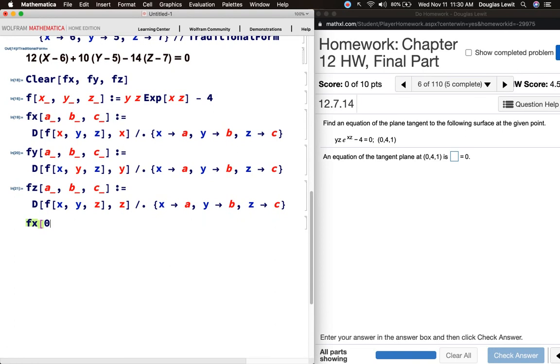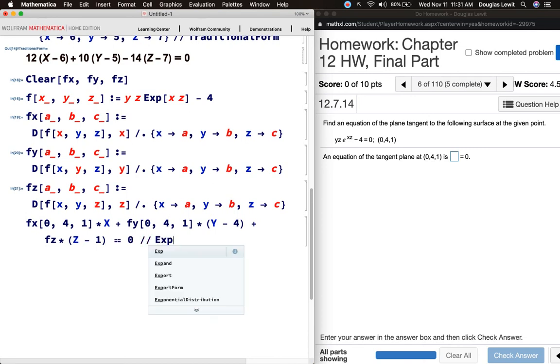So then we have 0, 4, 1 times x minus 0, which is really just x, plus fy 0, 4, 1 times y minus 4 plus fz times z minus 1 is equal to 0.